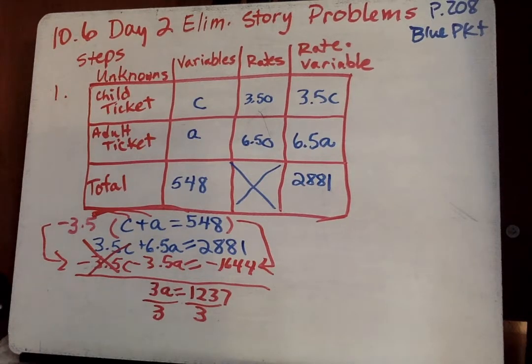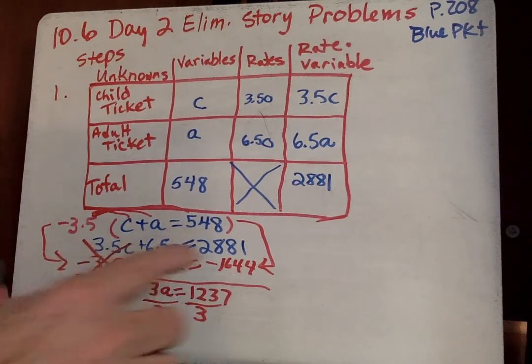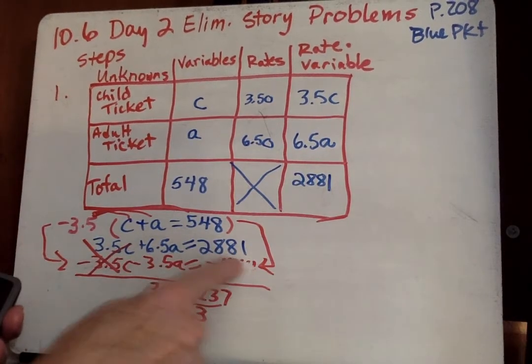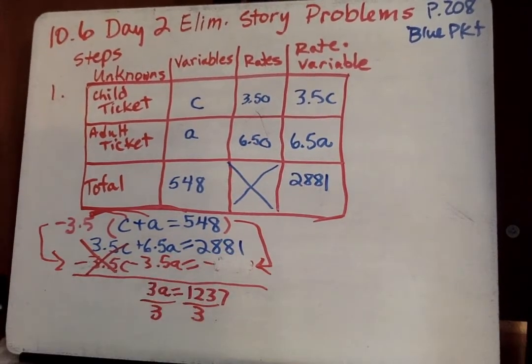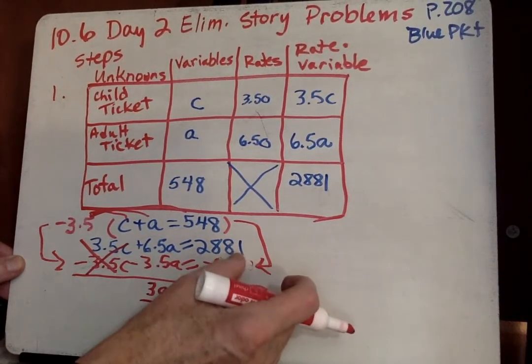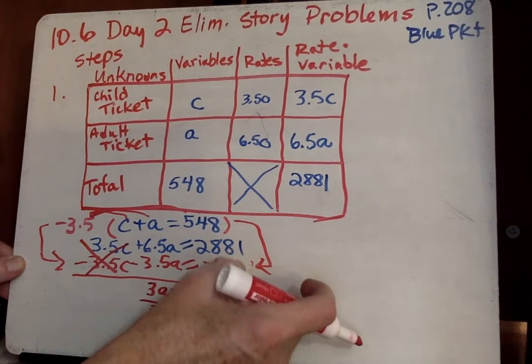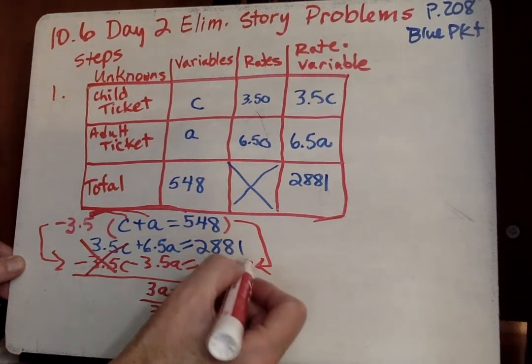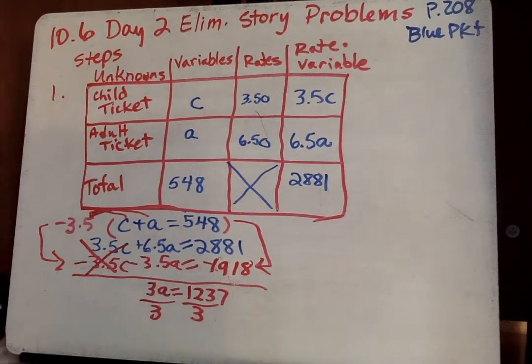Let me go back to 548 times 3.5. Oh, I got 1918 this time. Minus 1918. Oops. Okay.